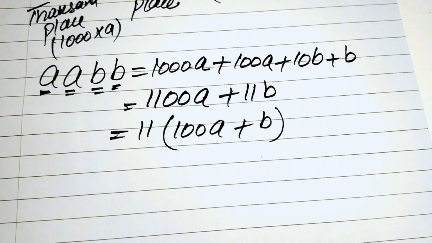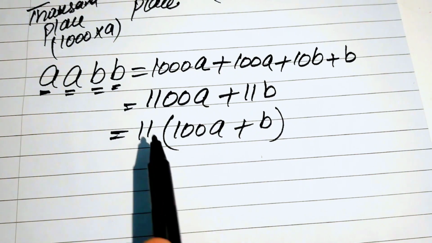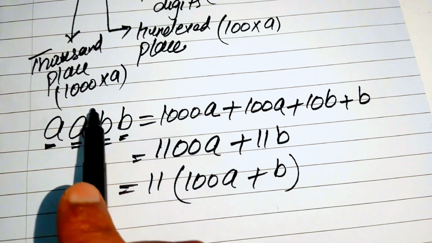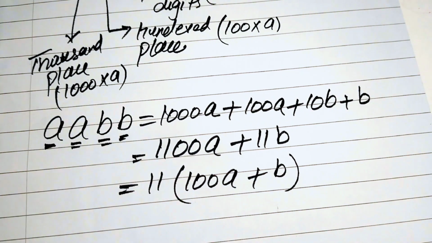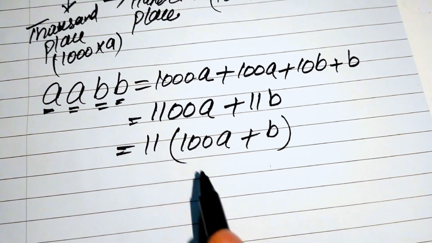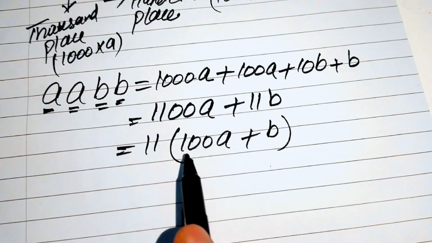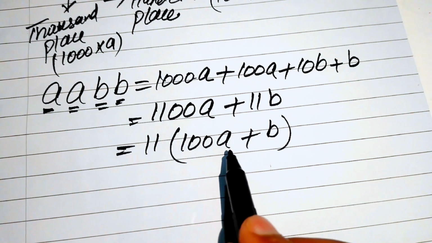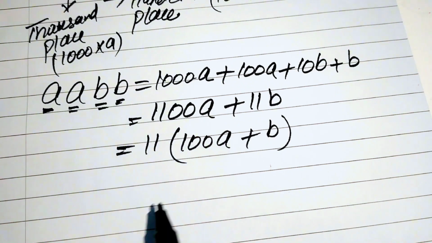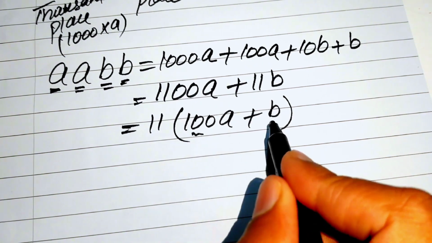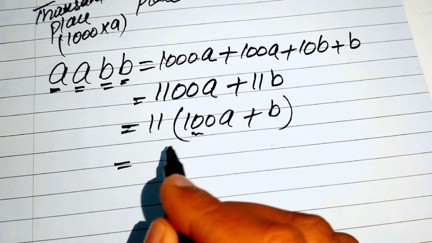Now you see that because we find this number equals some perfect square, we have to make a perfect square. In order to make a perfect square, this number is a multiple of 11, so each factor must be a multiple of 11.